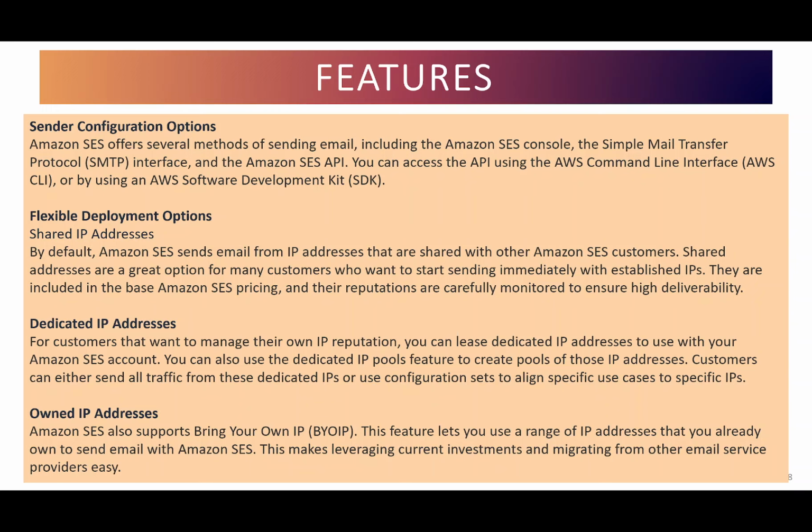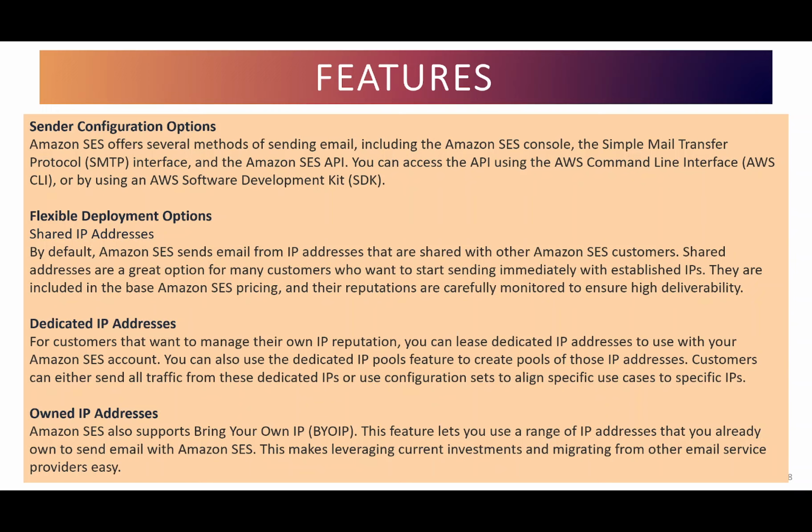You can also use the dedicated IP pools feature to create pools of those IP addresses. Customers can either send all traffic from these dedicated IPs or use configuration sets to align specific use cases to specific IPs, which is a great feature.